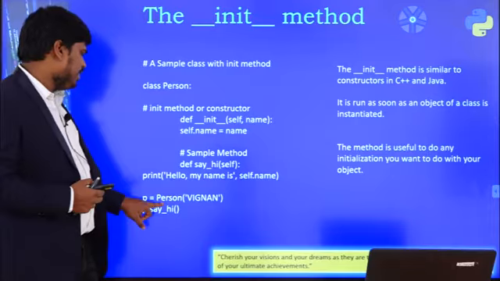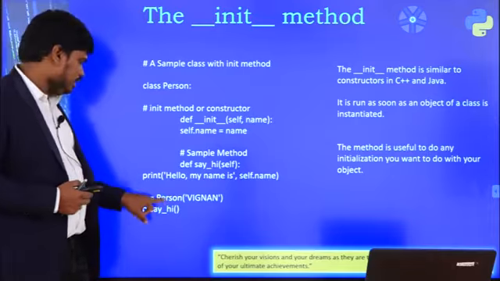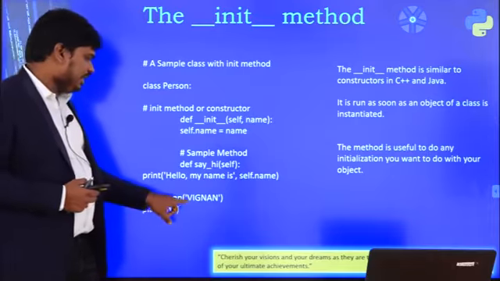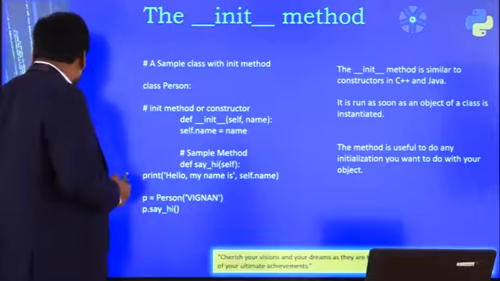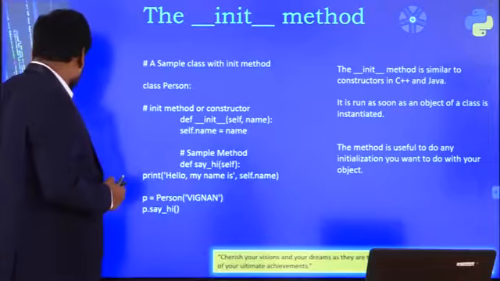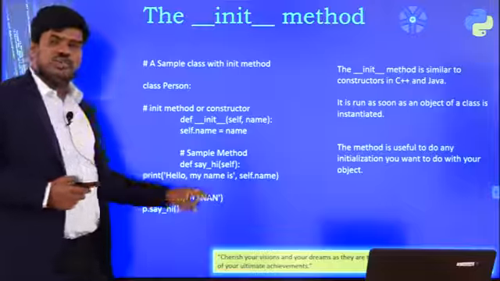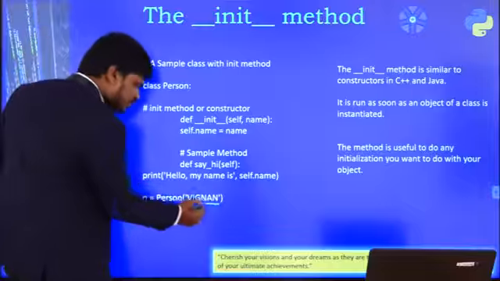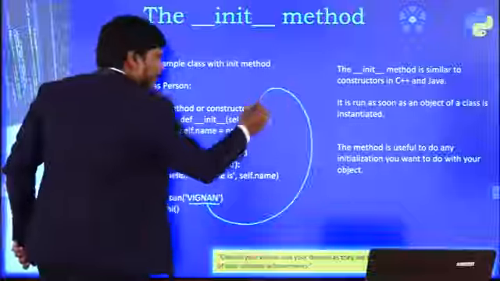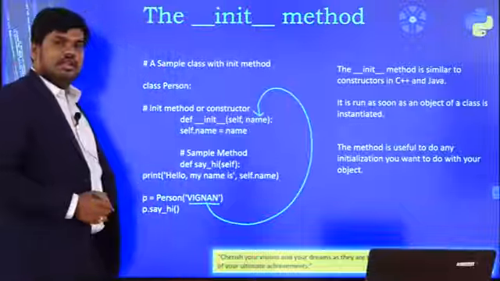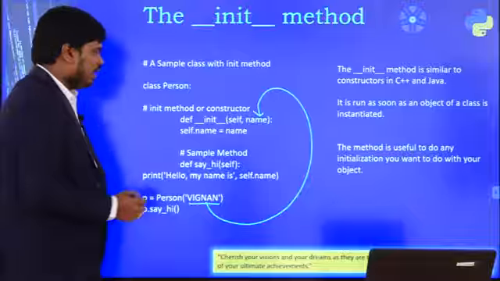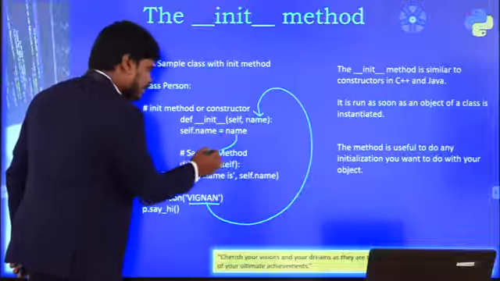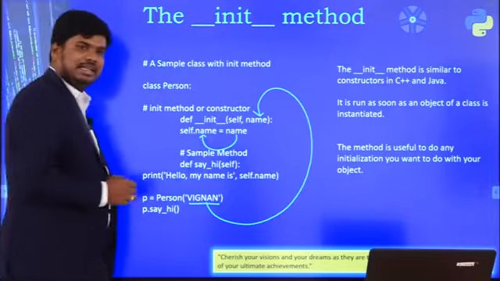And here I created an object, p is equal to Person. Inside this I have passed an argument, Vignan. So this Vignan will be passed into the name here, and I have given this name to a new variable, self.name, and the address of this one is different from the address of this one.